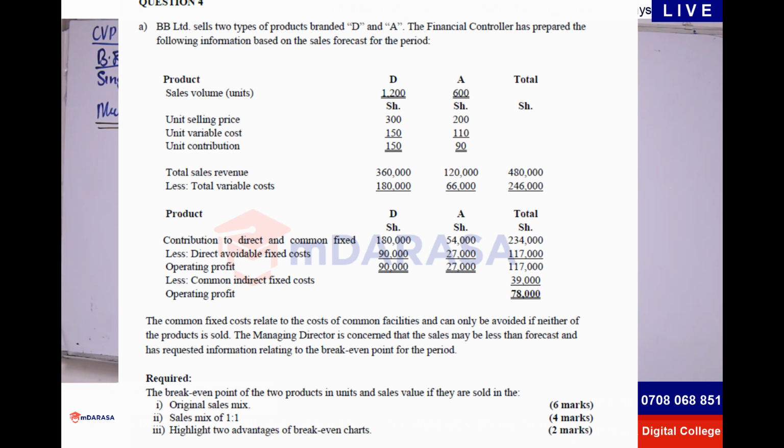So required here, the examiner has asked us to determine the break-even point of the two products in units and sales value if they are sold in: number one, the original mix; number two, a sales mix of 1:1. Highlight two advantages of break-even charts. So that is what the examiner has asked us to do.